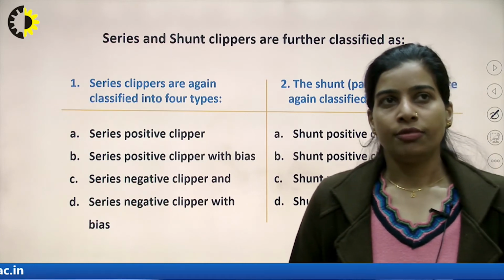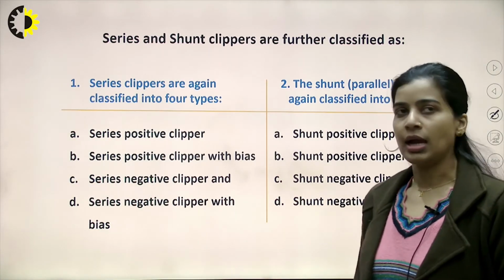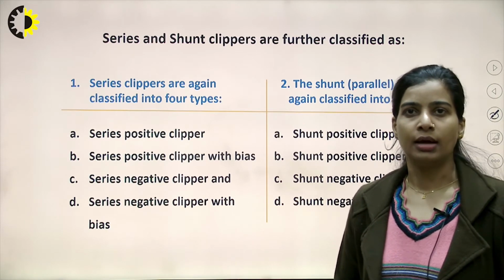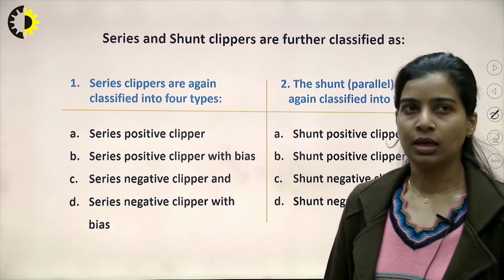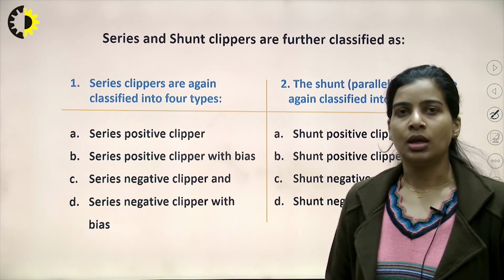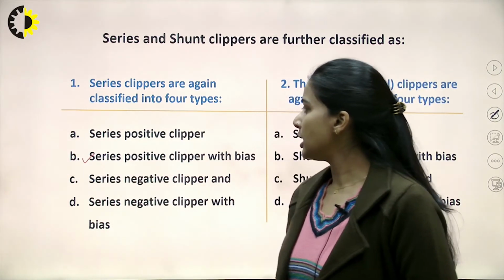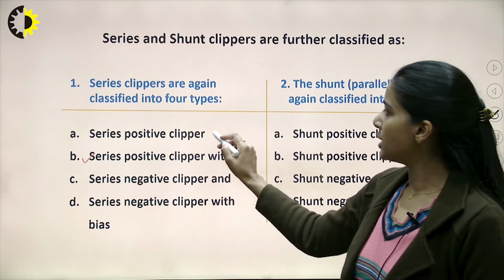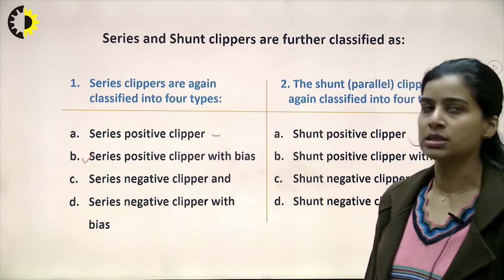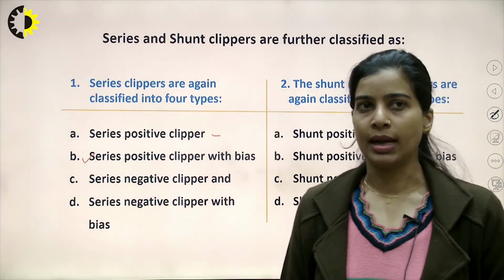In detail, in the series clipper and shunt clipper circuits, we have series positive clipper and series negative clipper circuits. In the series positive clipper, we further have the series positive clipper with bias, and without bias.